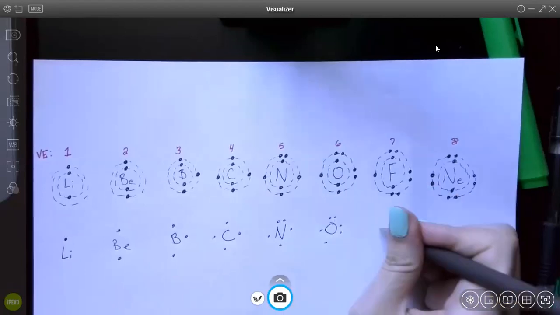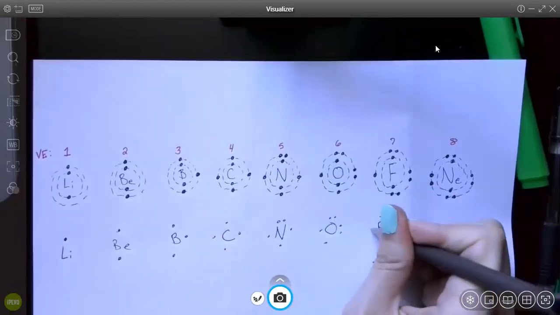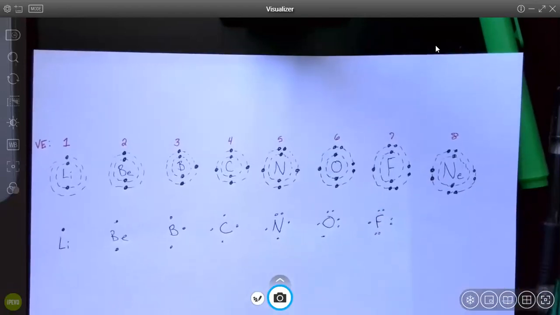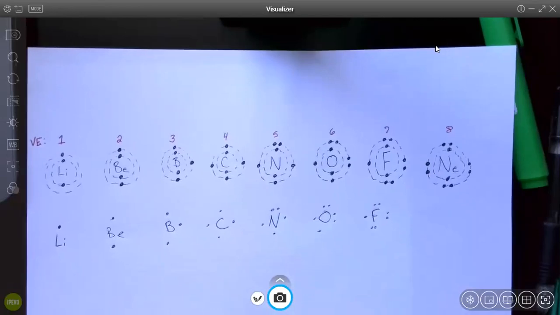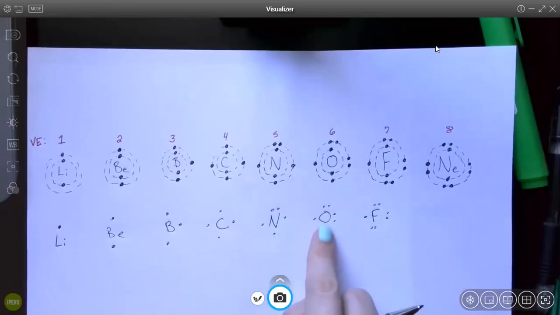And so what that means is that every single element in a vertical column of the periodic table will look the same except for the symbol in the middle.